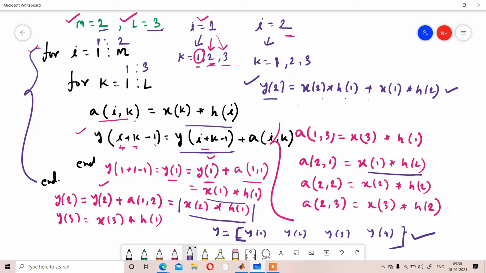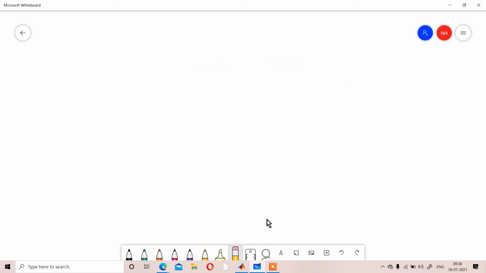Now keep in mind, here you don't know the index position, meaning the starting position of y, so you have to set that up now.